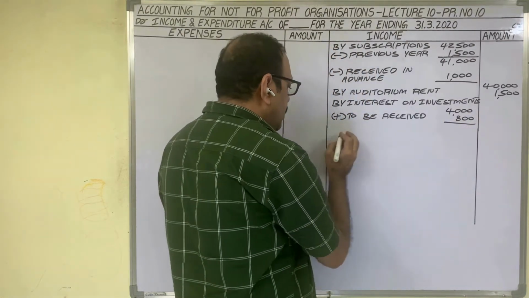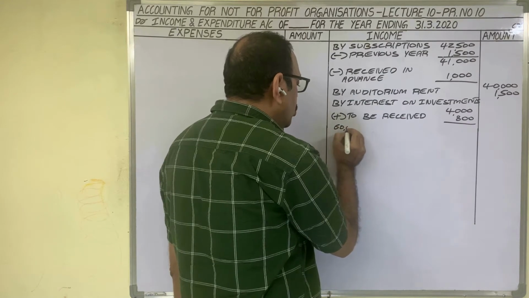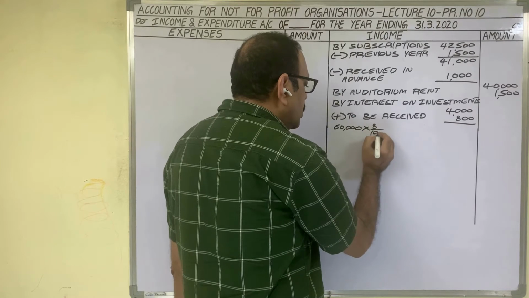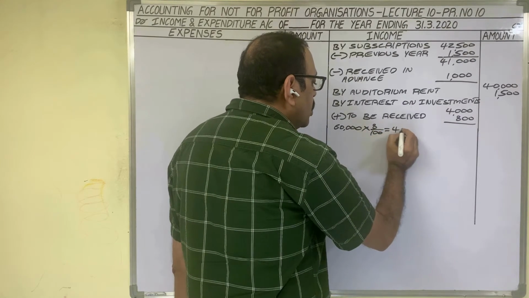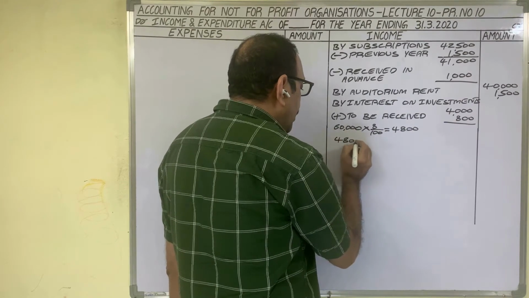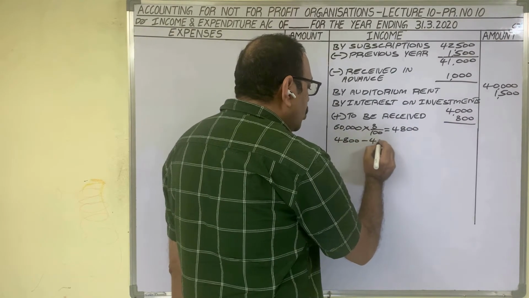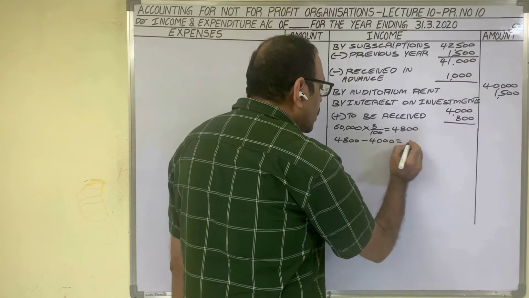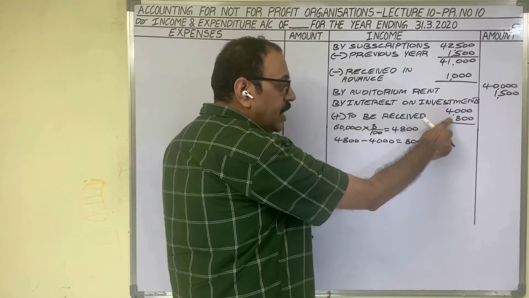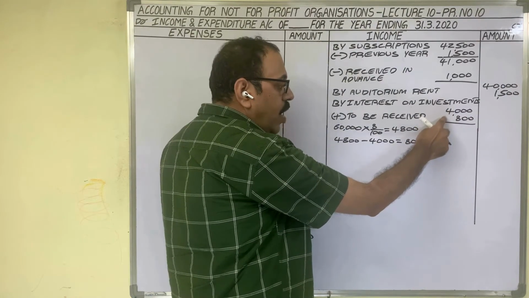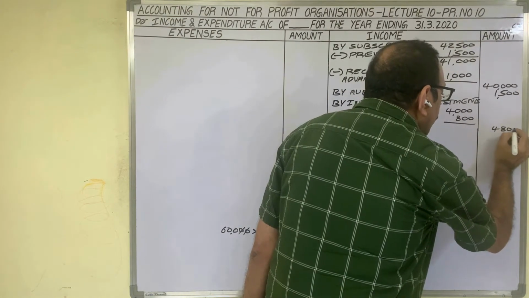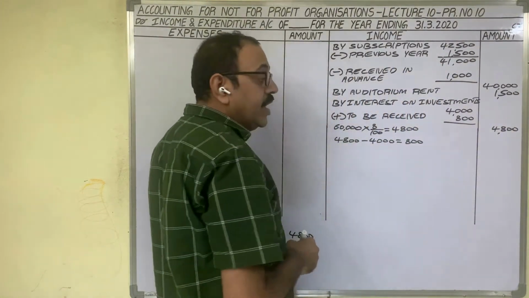Clearly show here: investments value 60,000, on that 8% interest is 4,800. In this 4,800, only 4,000 rupees we received in current year, so more 800 should come. This 800 is appearing here. Now if you add these two amounts in the outer column, 4,800 is the final amount.